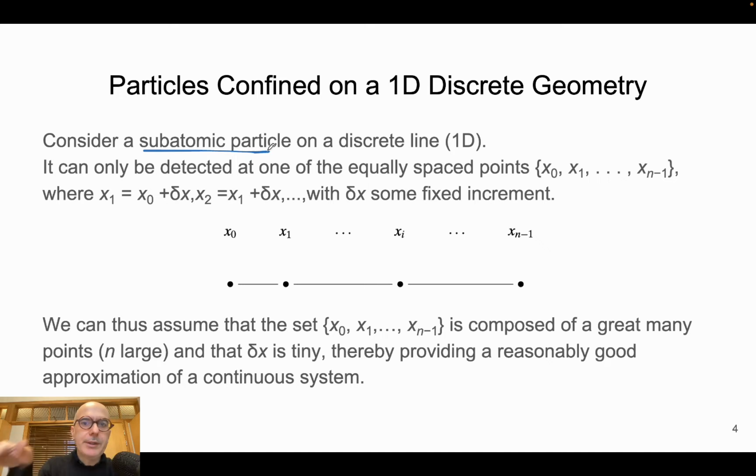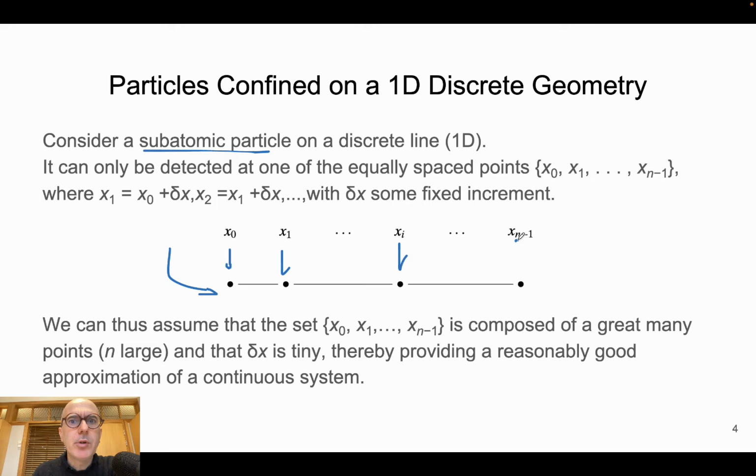Also, we assume that the particle can be only in different states on a line, so that is 1D geometry. Because the particle obeys the quantum mechanics rules, it can be only on points that are equally spaced. So it can be either in x0, x1, or xi, and then we have n of these points.